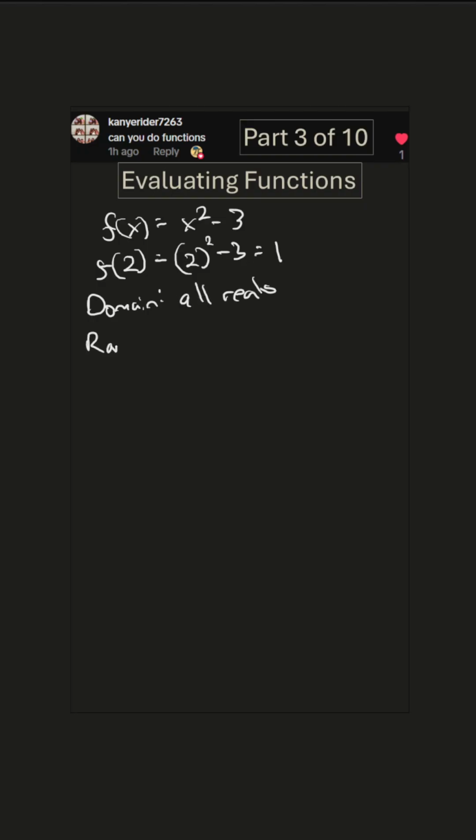How about the range? What numbers can we get out of this function? To find that, let's replace f of x with y. So y equals x squared minus 3. And now we'll move 3 to the other side. We'll say x squared equals y plus 3. Now remember, x squared is greater than or equal to 0 because you can't square any number and get something less than 0.